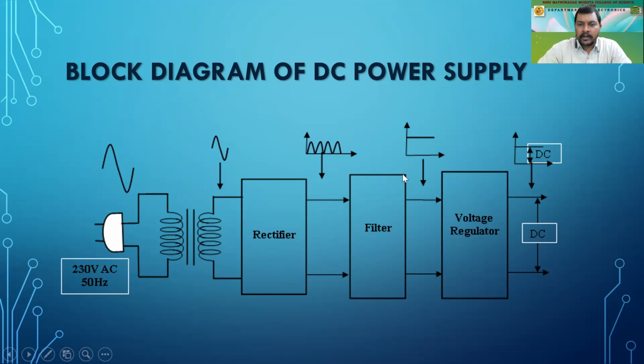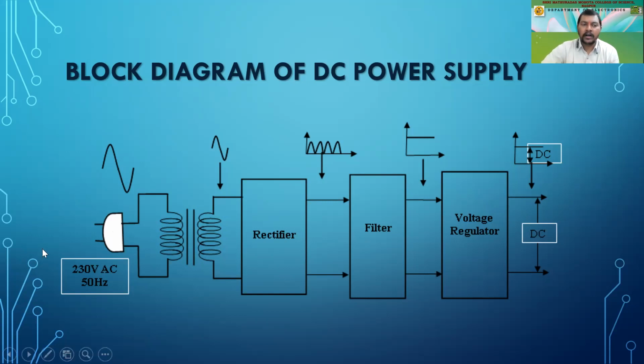This is the filter, and after the filter we require a voltage regulator to regulate the voltage exactly at this level. There are fluctuations in the AC voltage, that is 230 volt AC. It does not remain 230 volt; it varies from say 170 or 180 volts to 240 or 260 volts, and keeps fluctuating.